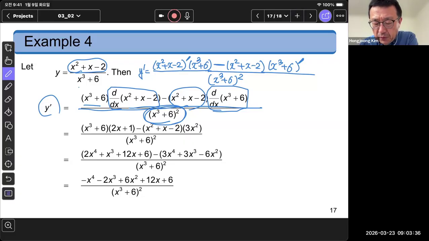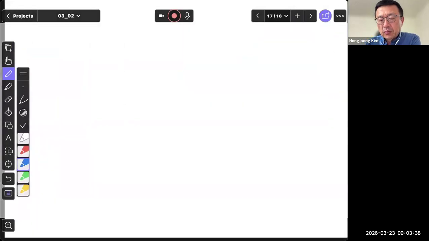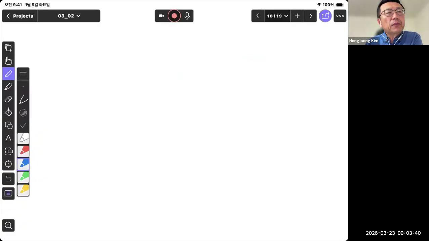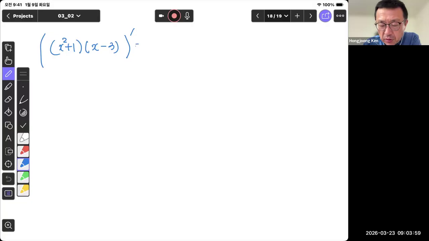So let me give one example. So please be careful. So if I have, say, x squared plus 1 multiplied by, say, x minus 3. In that case, when this whole product is differentiated, you need to differentiate one by one, meaning you first differentiate the first function.